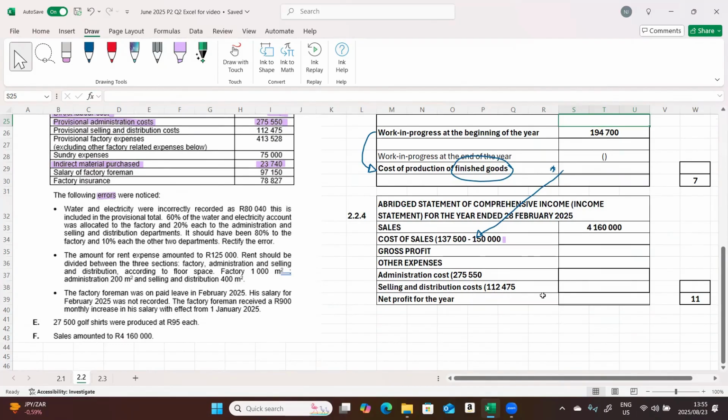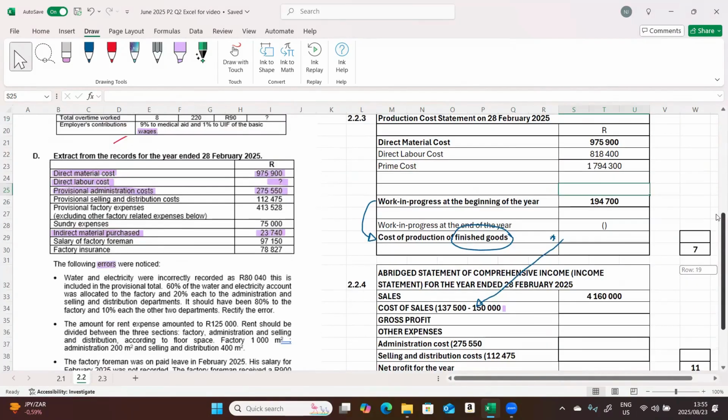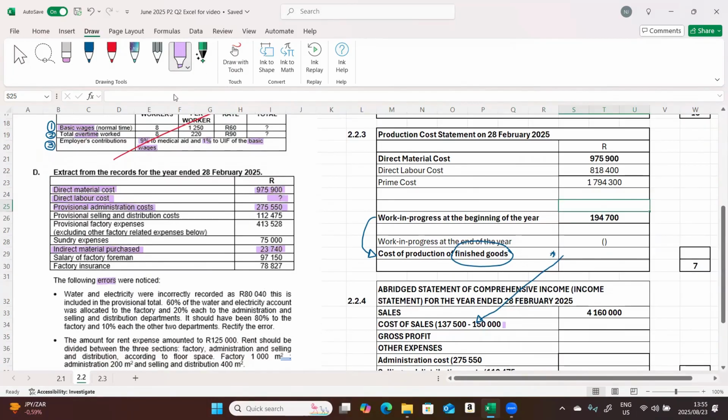The provisional is 112,475. So the provisional amount is already in there. Perfect. Guys, if it wasn't there, as you went through these totals and balances, you would have put them in there. Then we get to provisional factory expenses.